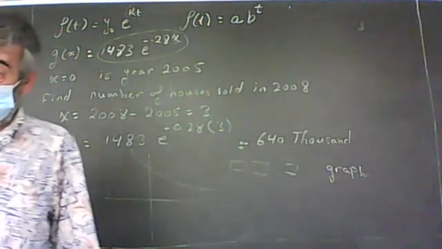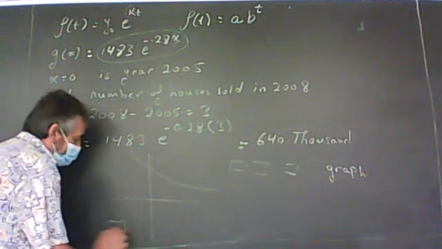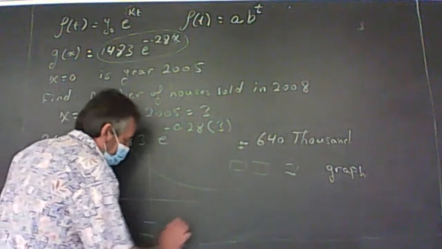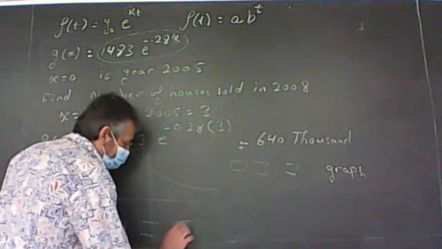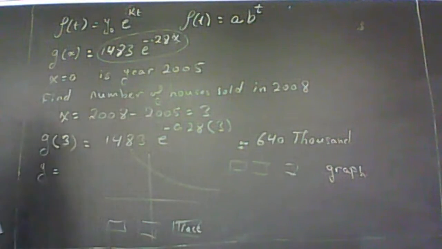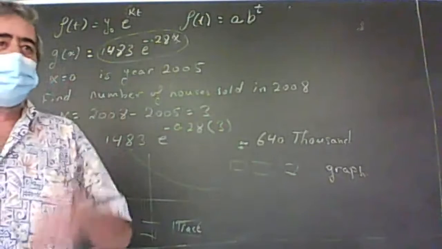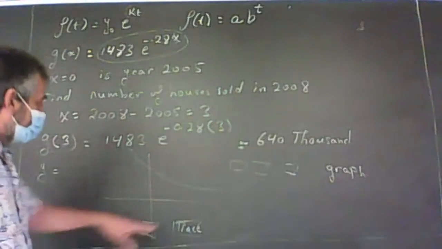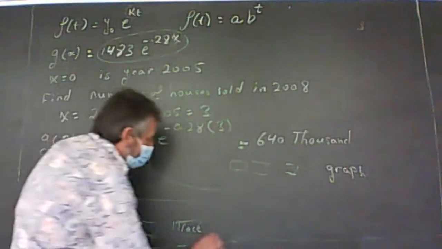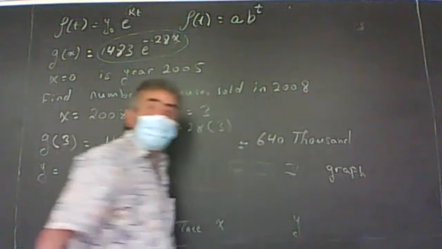Okay. Under the graph, you have a few buttons, and one of them says trace. So you click the trace button. Once you hit the trace button, it gives you two values, an x value and a y value.